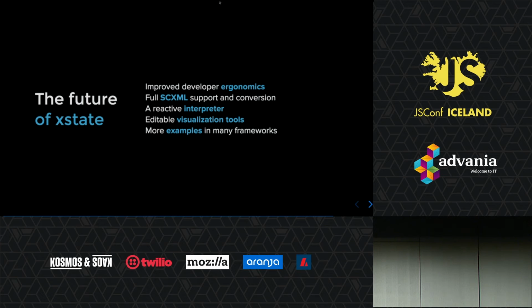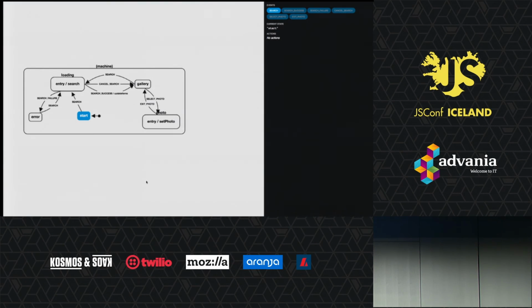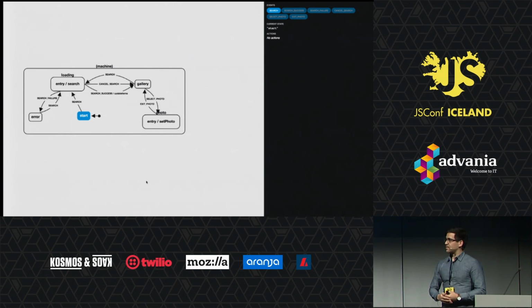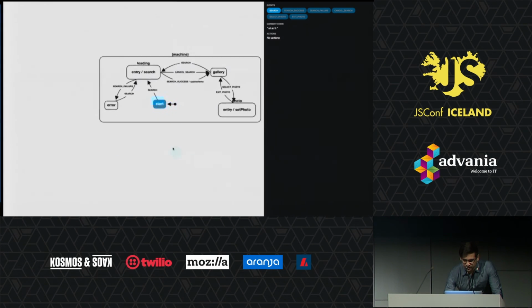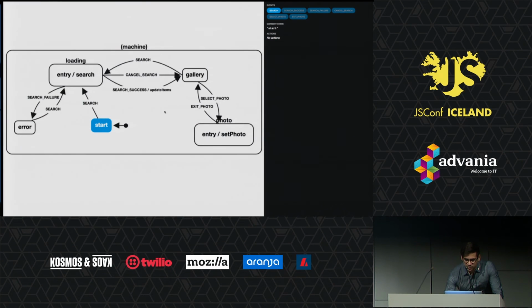And so in order to actually show you what I'm talking about, here's an example of a visualization tool. So that same JSON object that you passed into XState, and the same one that I used for my gallery app, this is one example of where you would use this. So let's see.